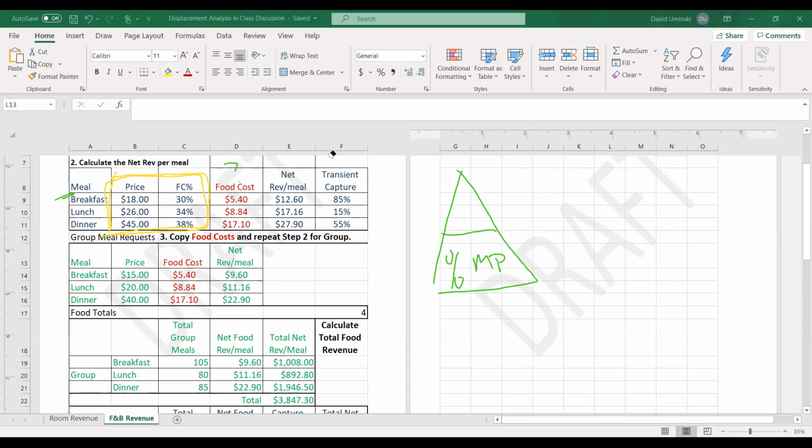What remains is the percentage times the menu price. So if we do our percentage of 30% times $18, we will get $5.40. Questions about that?